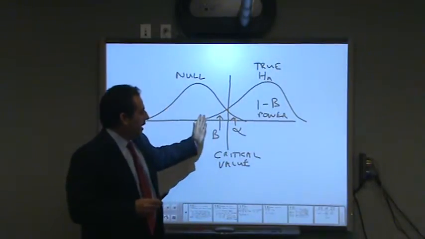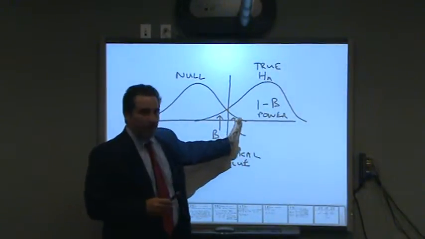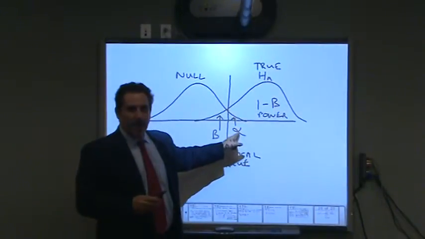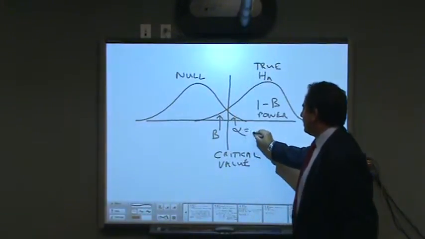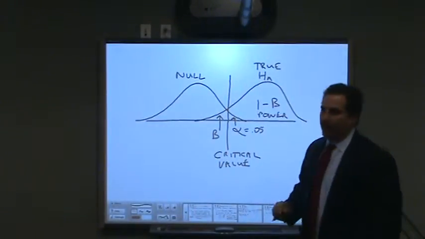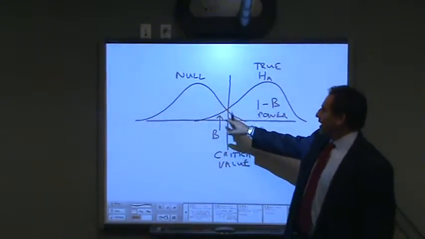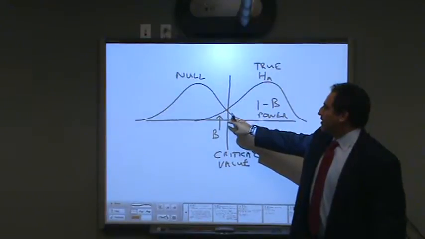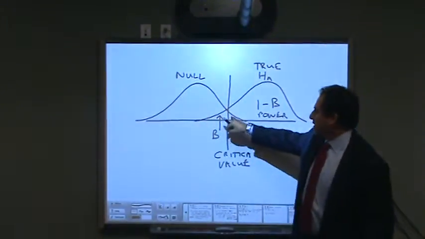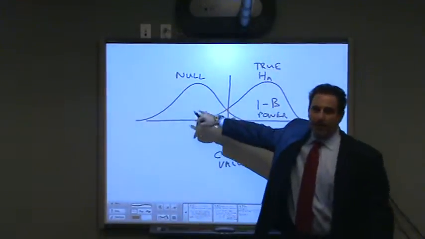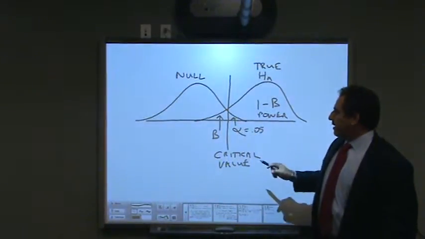And so as I make the critical value go up, that would decrease alpha. Now remember that I said that in psychology, we usually set alpha at 0.05, which means there's a 5% chance that we're going to say someone is in this group when actually they're in this group. They're just in the tail end of that group, okay?